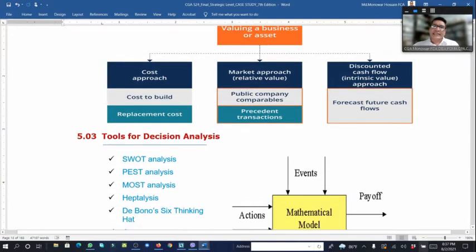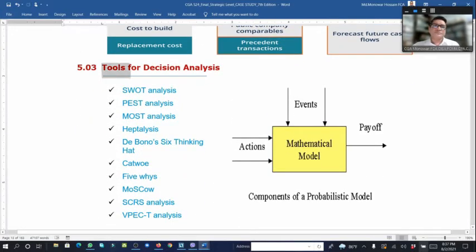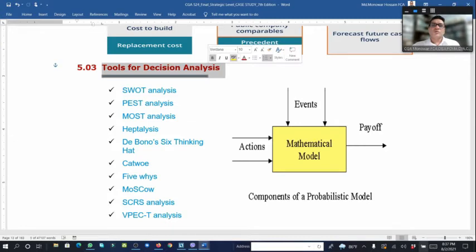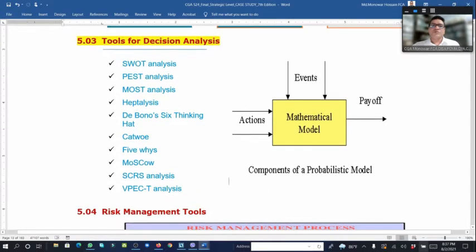And for analyzing the business, we should understand SWOT analysis, PEST analysis, different types of analysis. We have to understand all the basic formulas and basic items, because in our case study different types of analysis can come up.